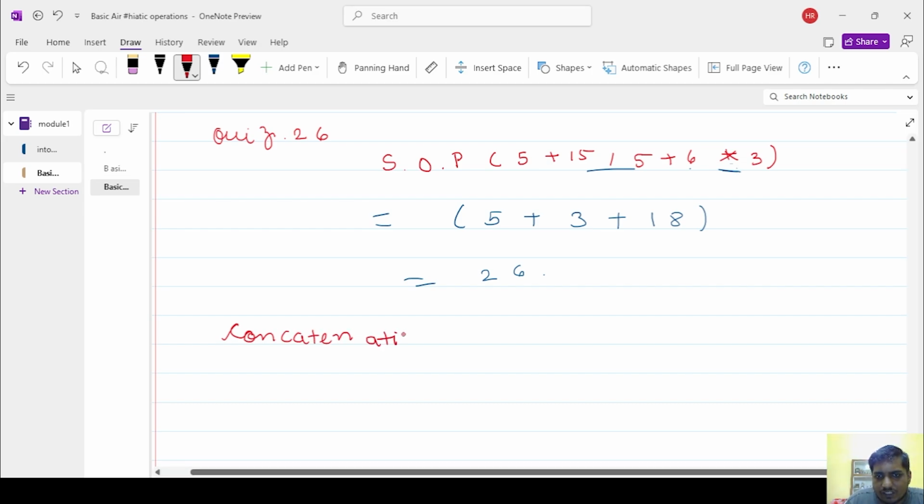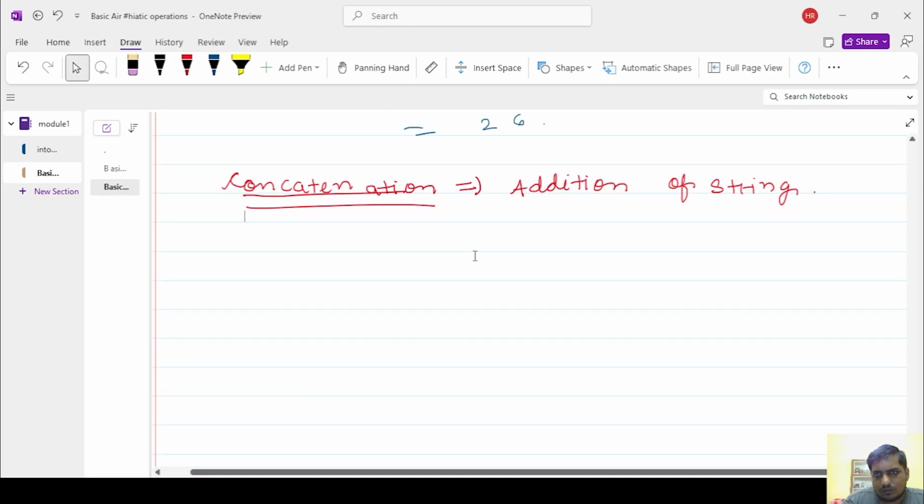Concatenation means addition. Addition of strings. If concatenation comes in the picture, it means addition of strings. A string must be there.